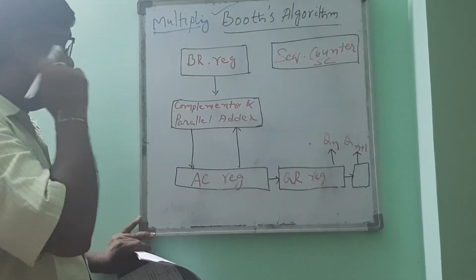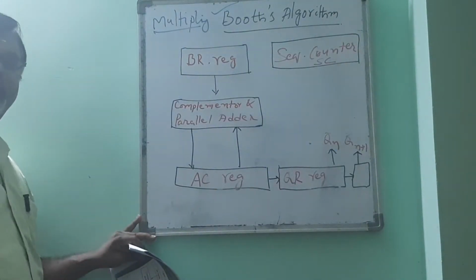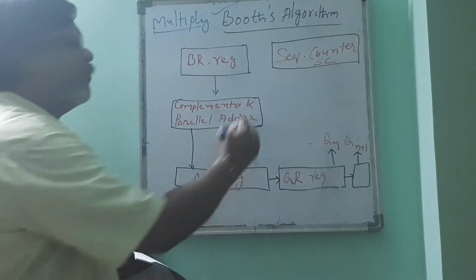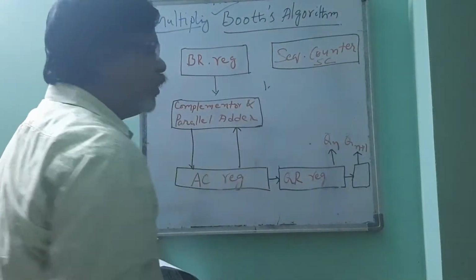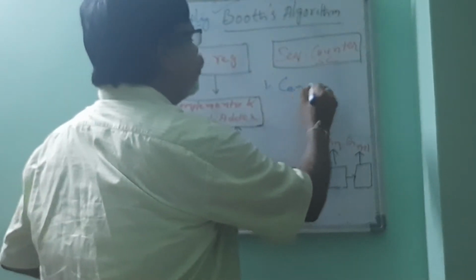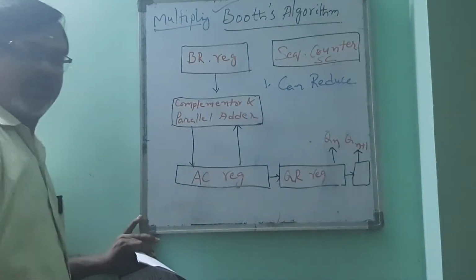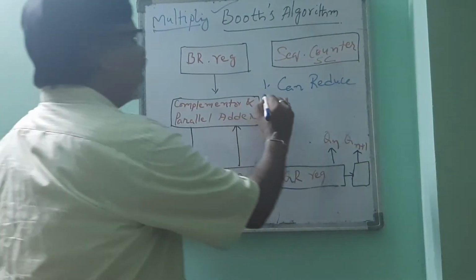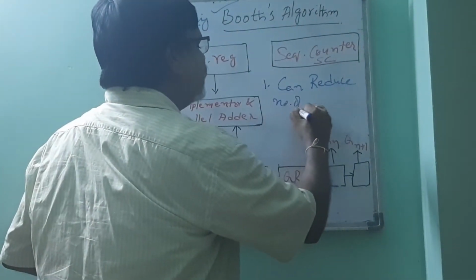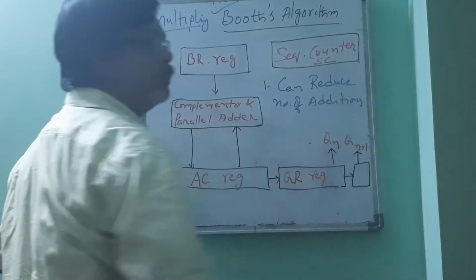So what is the advantage of this Booth's algorithm over the previous algorithm we discussed? Point number one: by using Booth's algorithm, we can reduce the number of additions in the multiplication process.